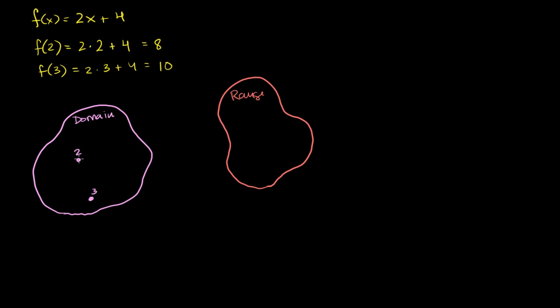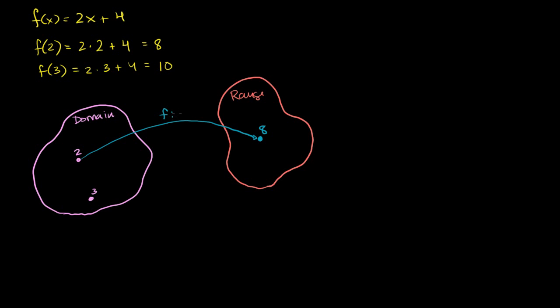So if I take the number 2 from our domain, I input it into the function, we're getting mapped to the number 8. So let me draw that out. We're going from 2 to the number 8 right there. And it's being done by the function. The function is doing that mapping.